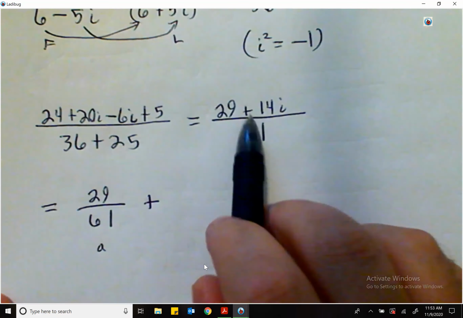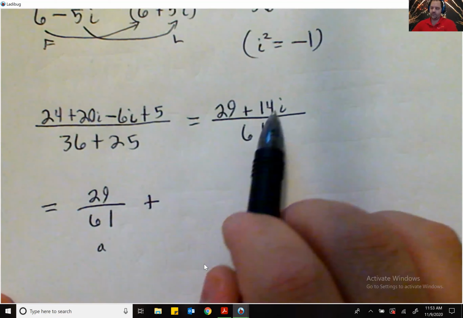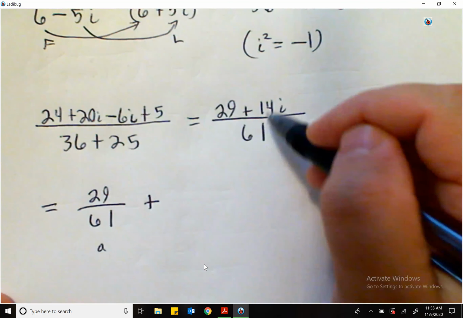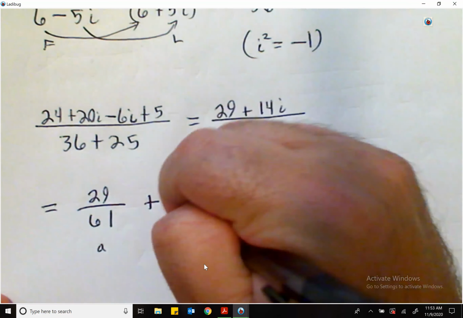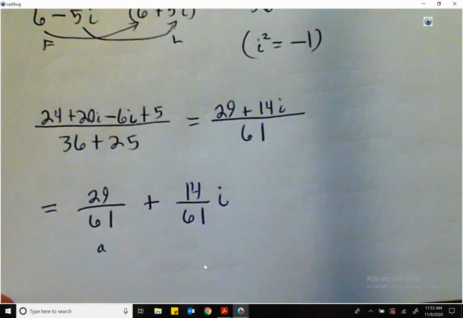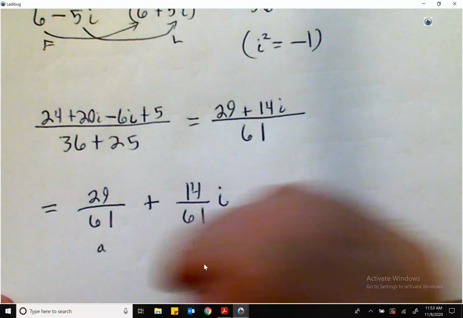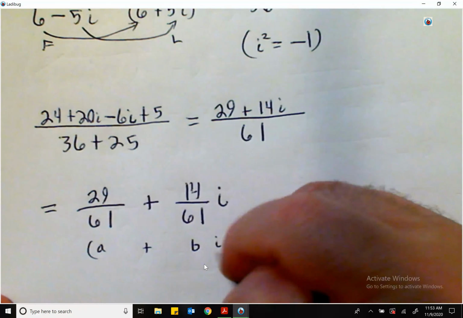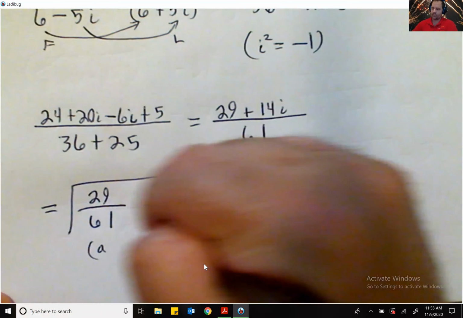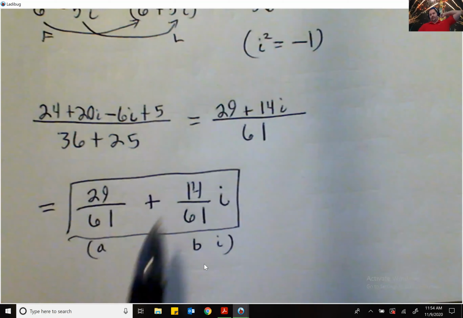Plus, because there's a plus there, the other fraction will be 14 over 61. And then the i will go right beside it. This is the bi part. That's what they're looking for. So you do have to separate it out. They do not want that.